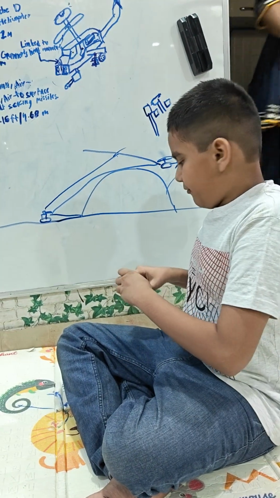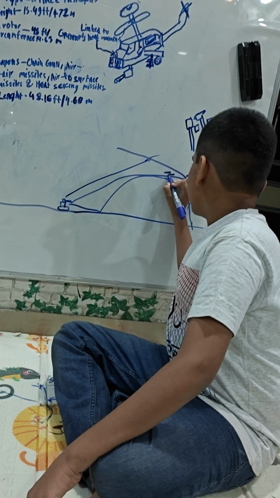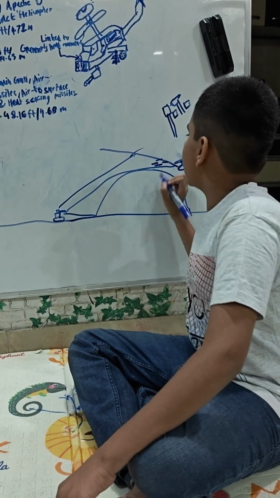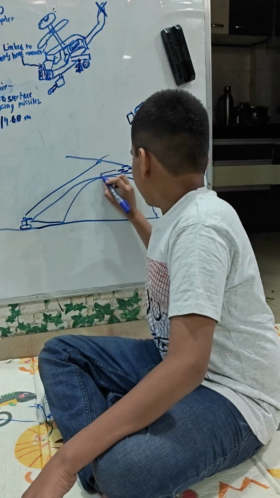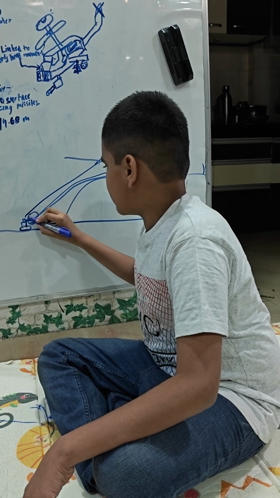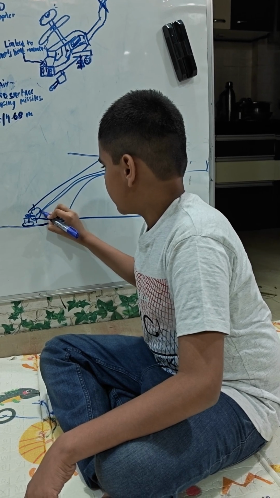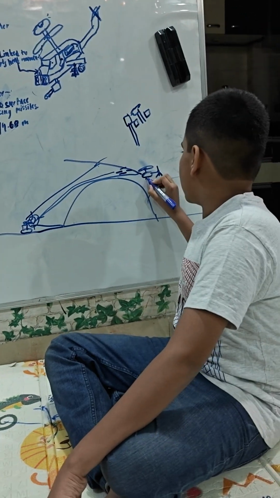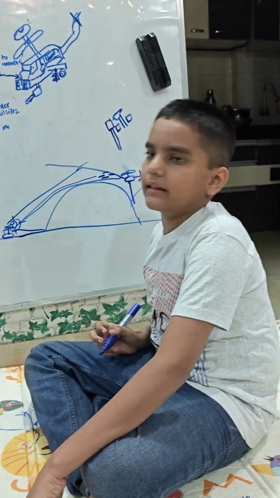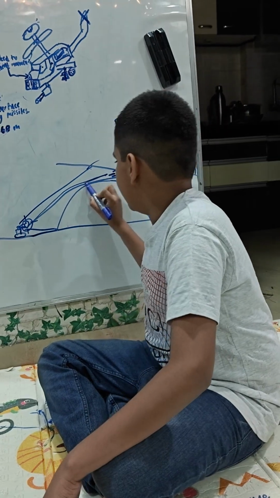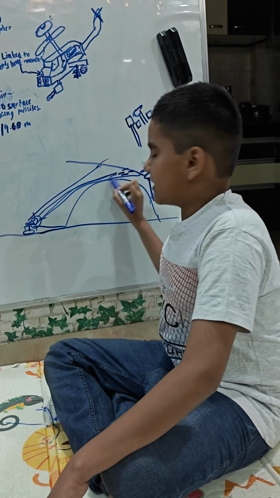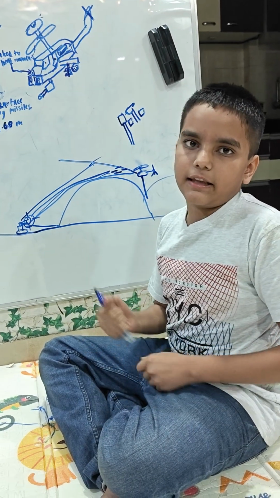So after firing, the missiles have a guidance system which guides them to their target. And the Apache helicopter can hide swiftly, and the missiles will attack the target.